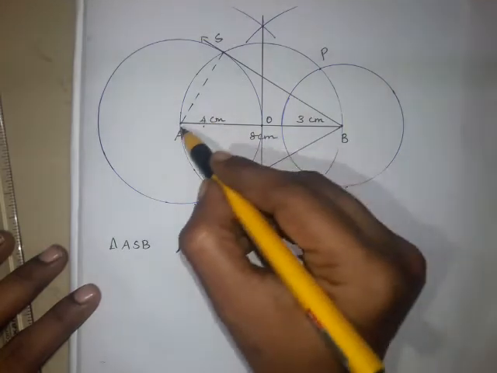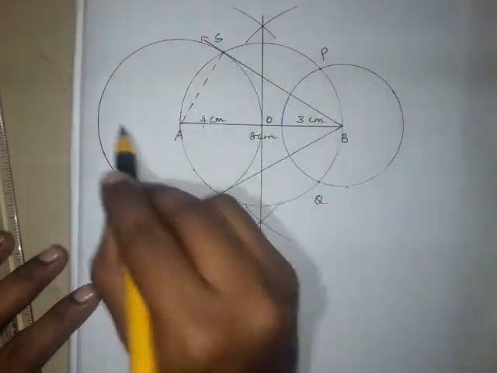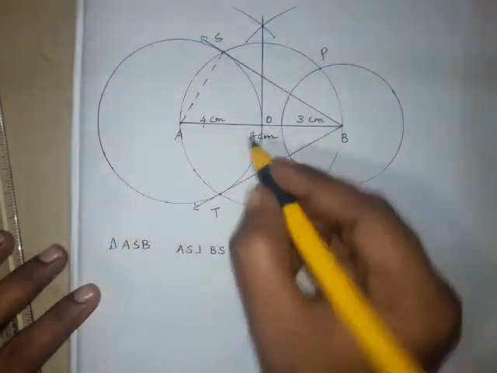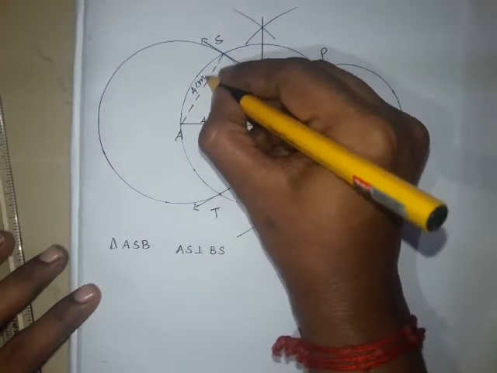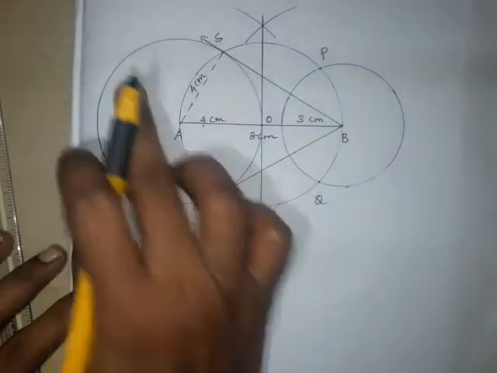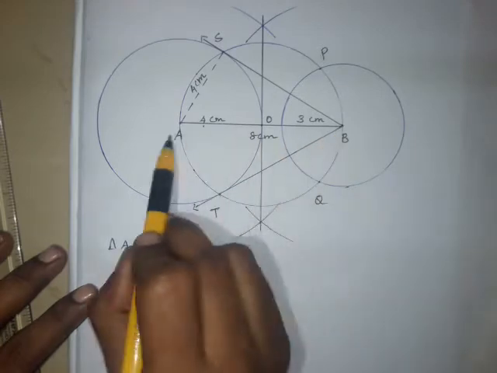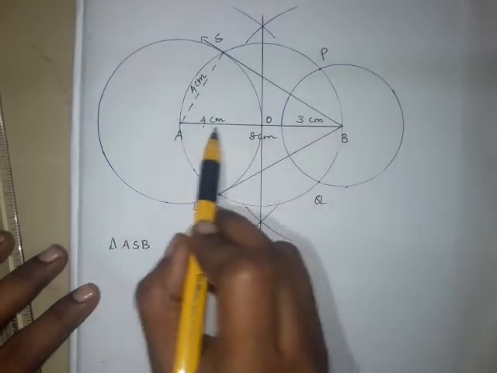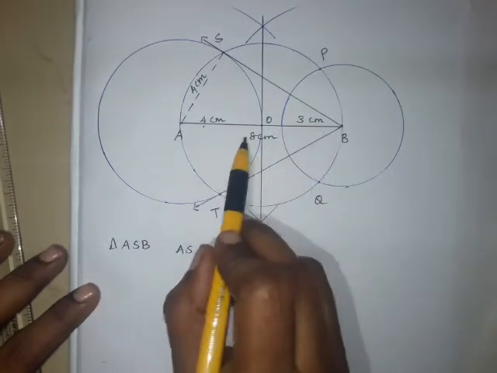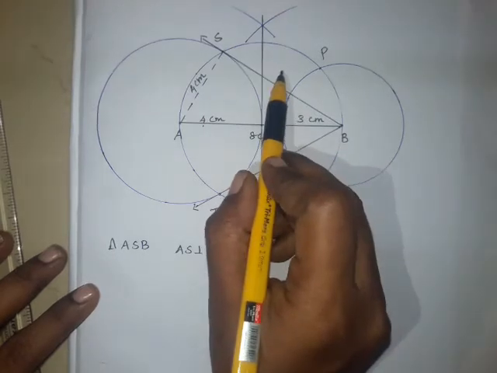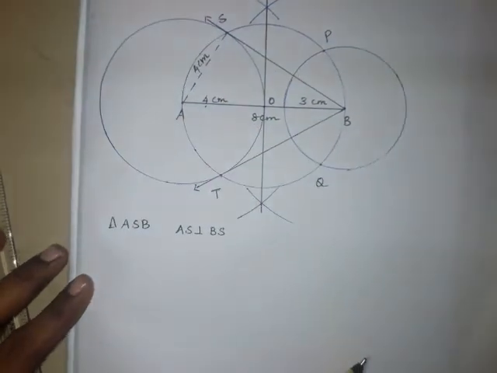Now AS we know is the radius of the 4 centimeter circle. AB is the hypotenuse. AB length we know is totally 8 centimeter. Now we can easily measure BS.